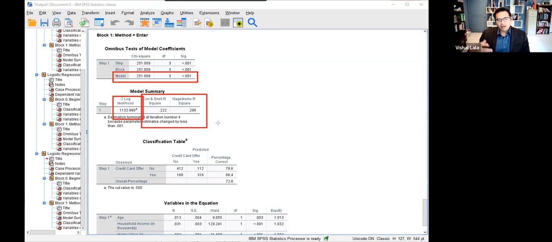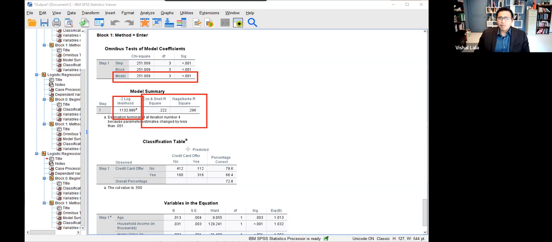The bigger the R-squared, obviously, the better the model. We use the same heuristics you would use for linear regression, interpreting these pseudo R-squareds. So 0.1 to 0.5 reflects a moderate strength model, and that's what we have here based on either Cox and Snell or Nagelkerke R-squared metric.